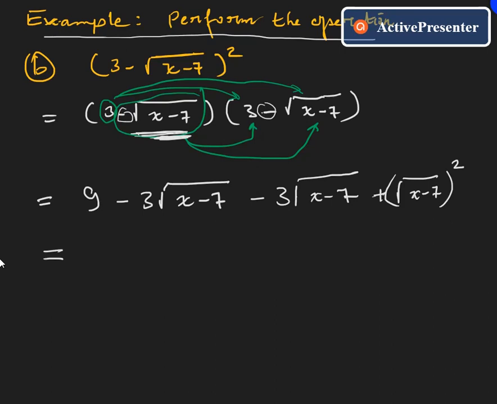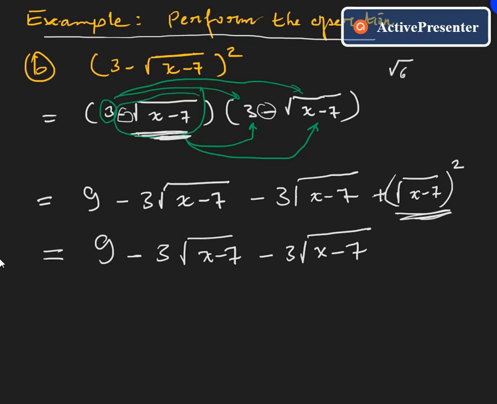So this is 9 minus 3 square root of x minus 7 minus 3 multiplied into square root of x minus 7. This is equal to what? As you remember in the previous questions, square root of 6 multiplied in square root of 6 equals 6, right? What about this?